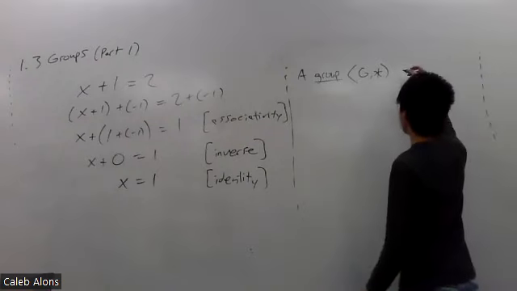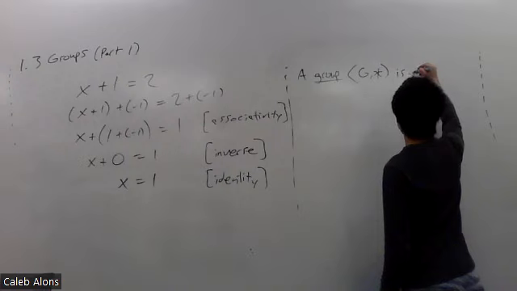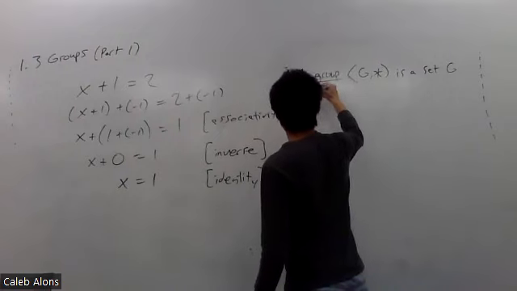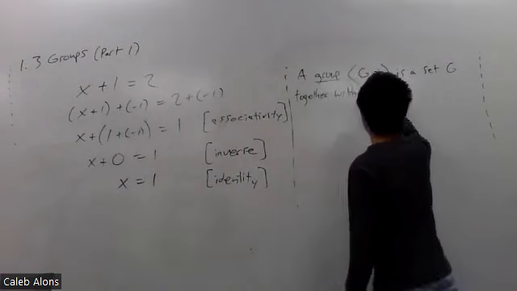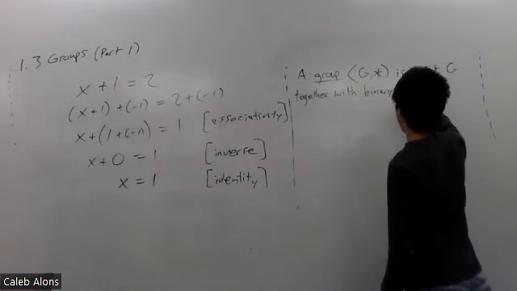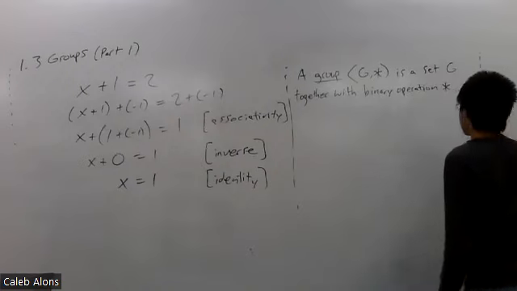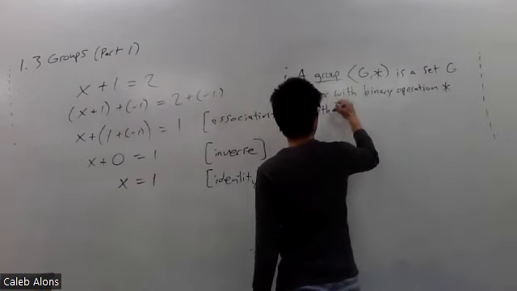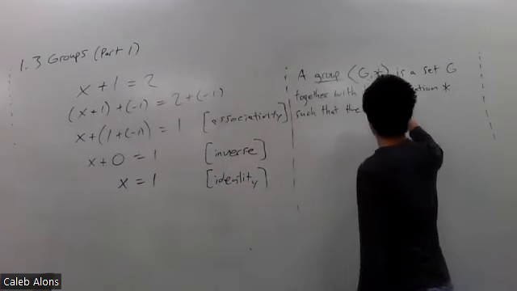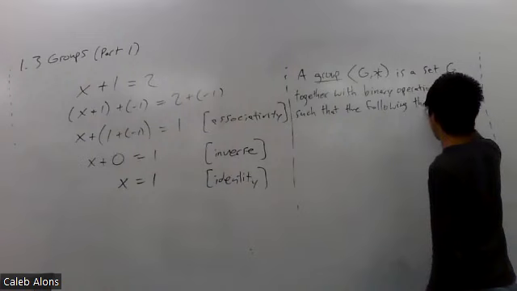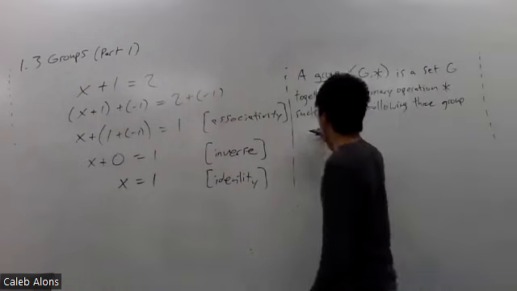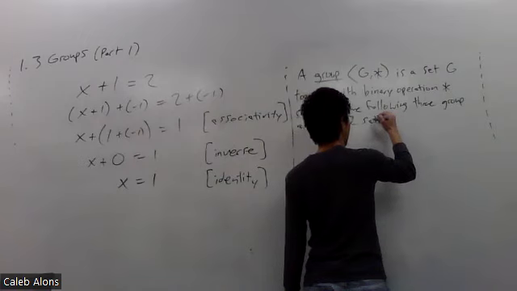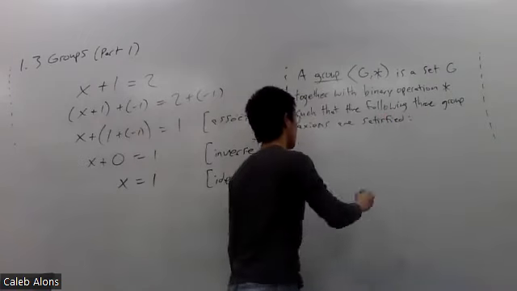A group (G, star) is a set G together with a binary operation star such that the following three group axioms are satisfied. And we actually already talked about what those are.